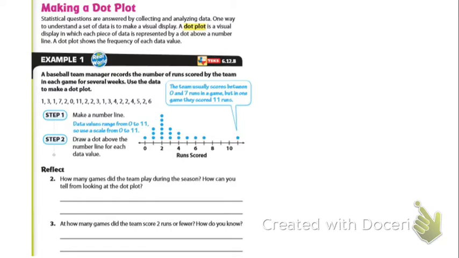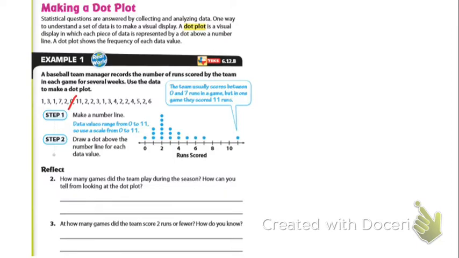All right, so here we're given a set of data, ladies and gentlemen, and they're asking us to make a dot plot. So here, find the smallest number and the largest number. The smallest number here is 0, and the largest number is right next to it, which is 11. All right, so was there a game when they scored 0 runs?